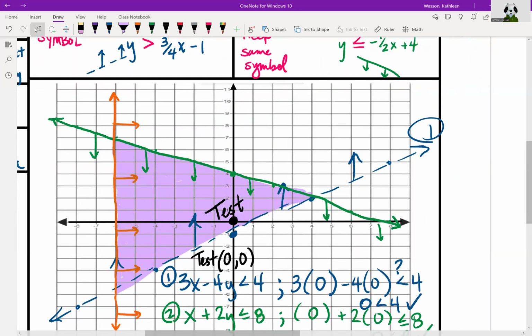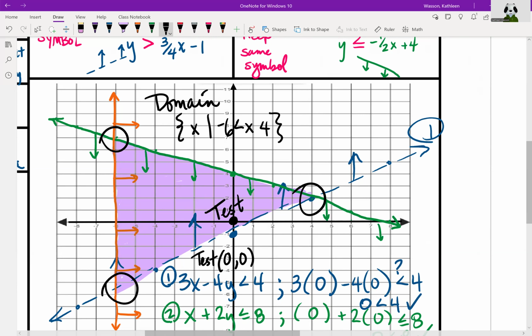The domain for this area is describing x left to right. The smallest x is here at -6. So the set of all x's such that x is between -6 and 4.